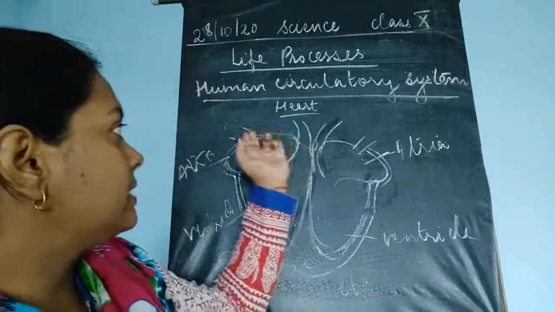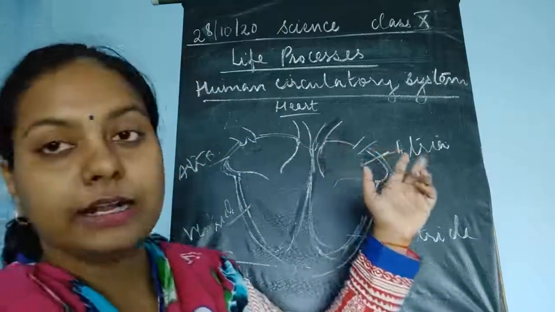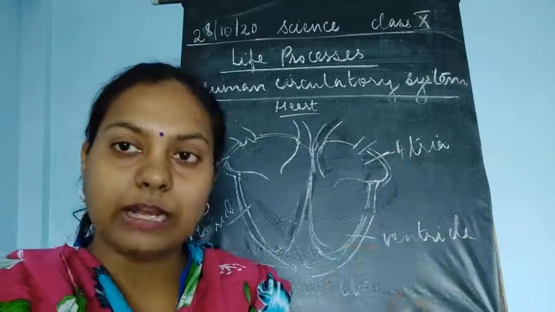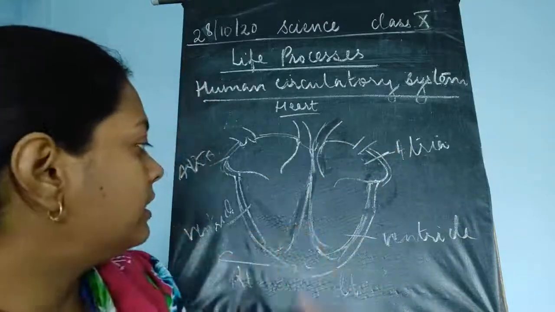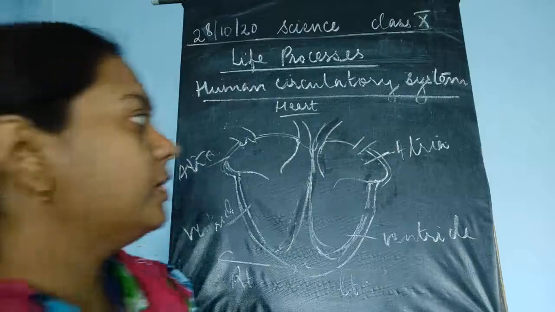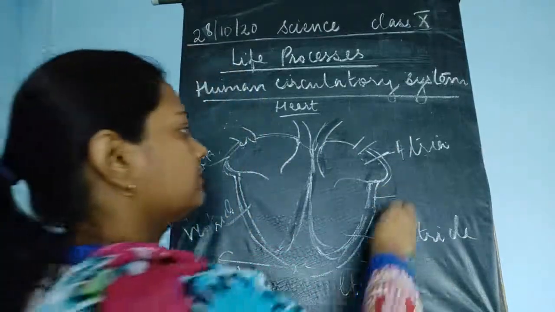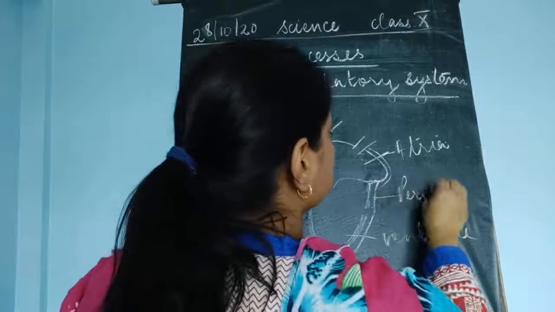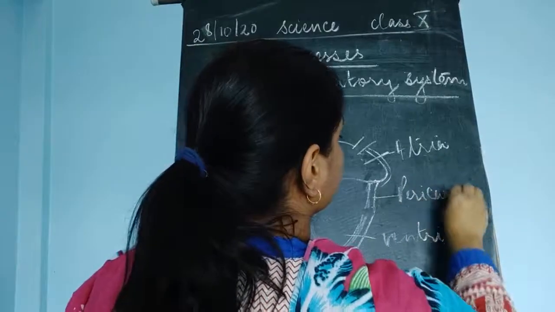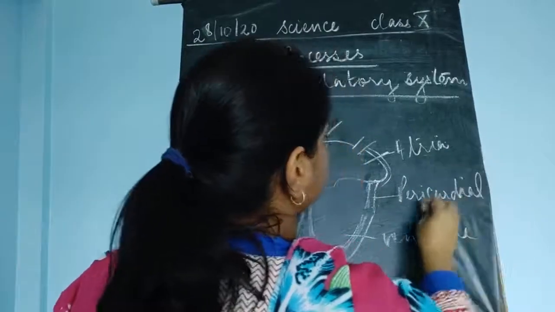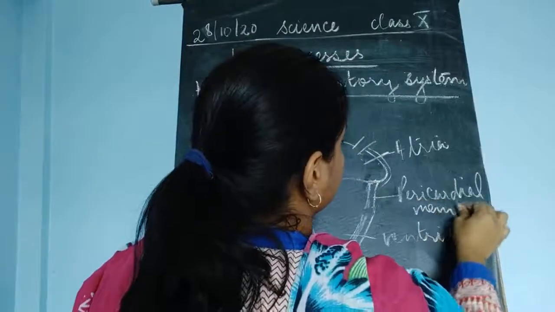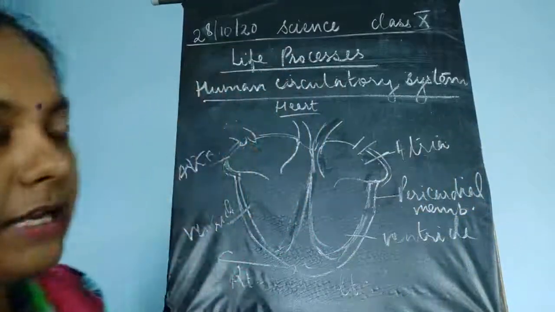Then they contain various valves, various outlets and inlets in the heart, and it is covered with a membrane called the pericardial membrane.